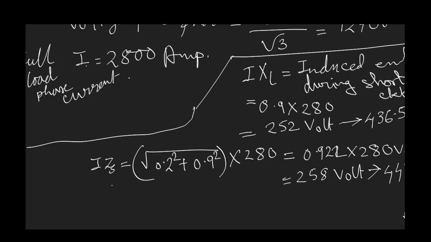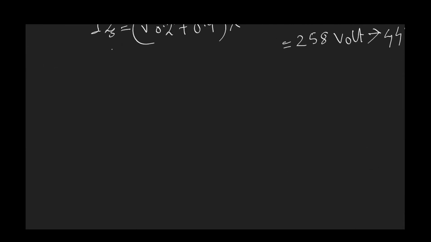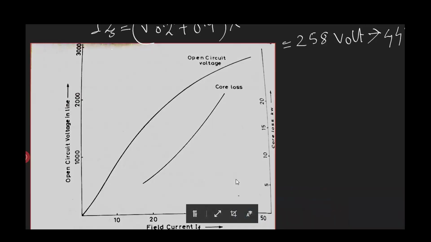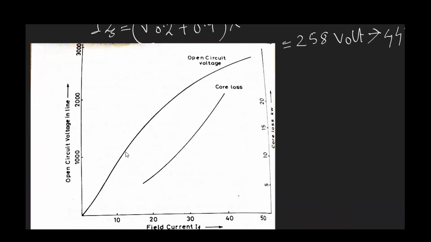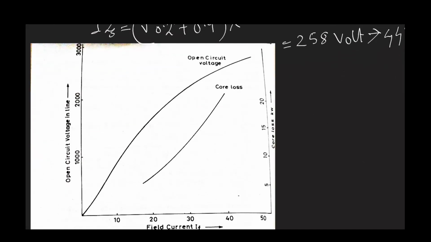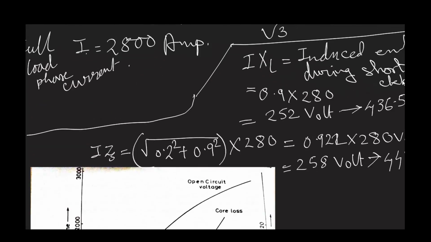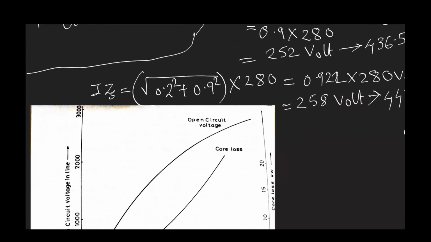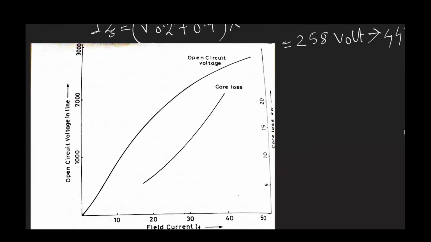That is very important. Let me insert that image, then you will understand clearly. So here we are going to use this data. Now you can see how large this scale is. So whether you are having 436.5 or 447, it doesn't make much difference.